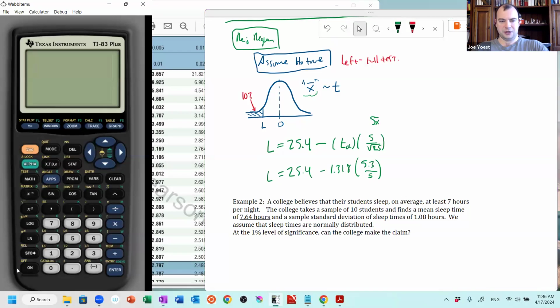And we just compute this on our calculator. 25.4 minus 1.318 times 5.3 over 5. That looks right. And that gives me right on 24.